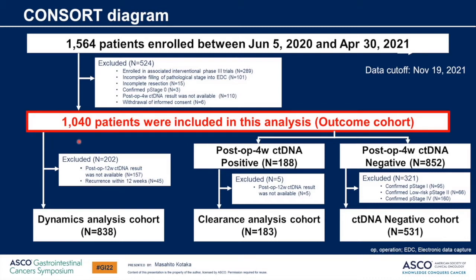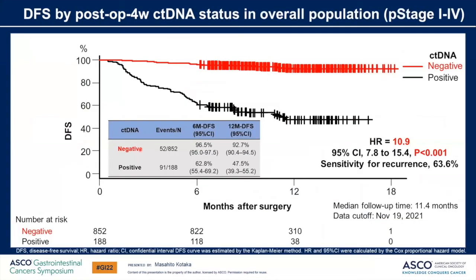Now, the outcome, the data updates, we don't have a lot of mature data. So this is only about 18 months of follow-up here. But what you can see is when you look at that immediate post-op ctDNA, so this is regardless of whether or not they got adjuvant therapy, we're just looking post-op for all stages, 1 through 4.